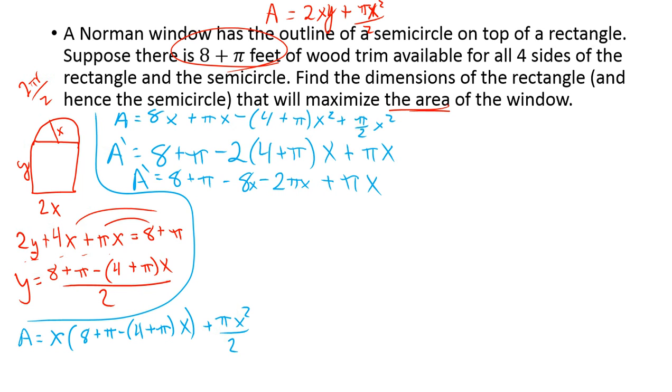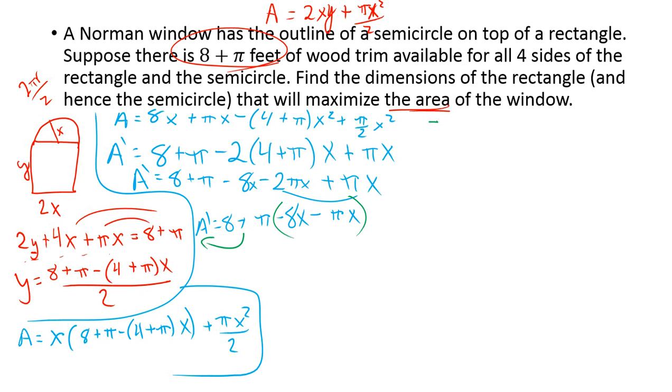We are going to combine these two right here, which will get us a negative pi x, and we have 8 plus pi minus pi x equals A prime. Okay. So now I'm going to move this to the other side, factor out an x, and then divide it over. And what we end up getting is negative 8 minus pi all over negative 8 minus pi.